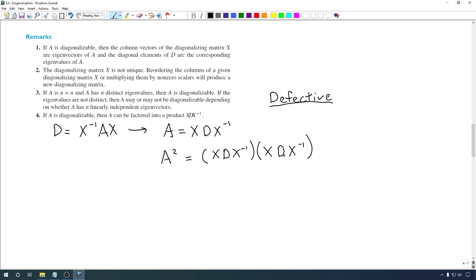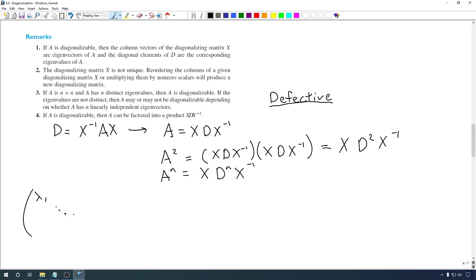We have D times D in the middle now, so we have X times D squared, X inverse. In fact, you can keep going with this. If you have a whole bunch of powers of A, then it turns into X D to that same power times X inverse. And this is very important because what is the power of a diagonal matrix?